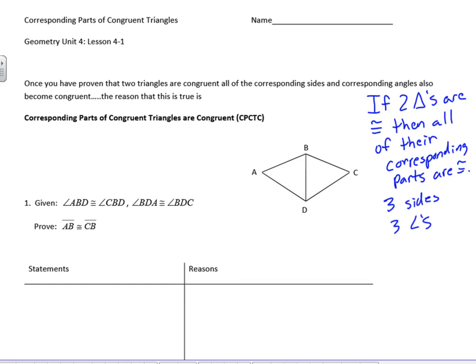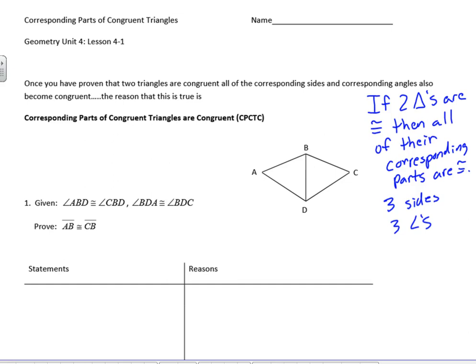So this reason here, corresponding parts, I sing this little ditty: corresponding parts of congruent triangles are congruent. And you get the picture. This is abbreviated CPCTC.